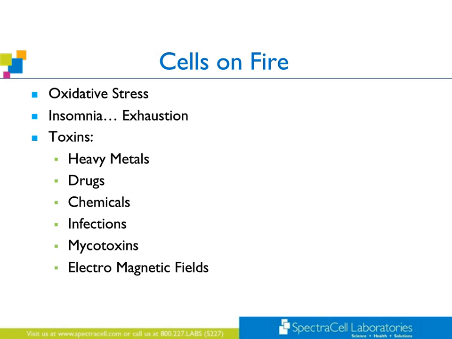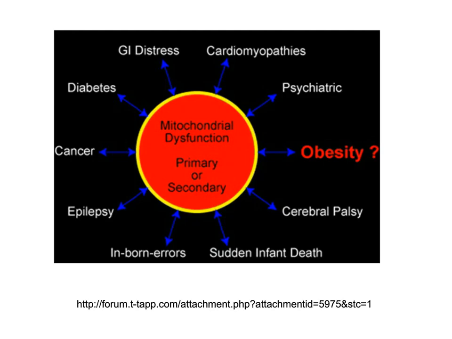So these are different things that we need to be aware of that can be affecting our mitochondria, and take preventative precautions. If a mitochondria is distressed, we start thinking, what are some of the things that this stress can cause? As you can see here, there's a whole slew of problems that can develop if we don't take care of our mitochondria.